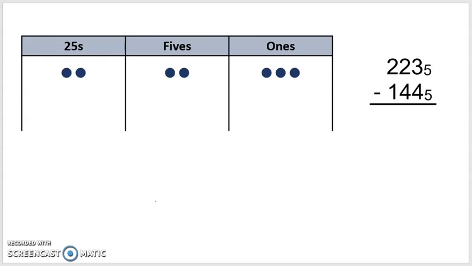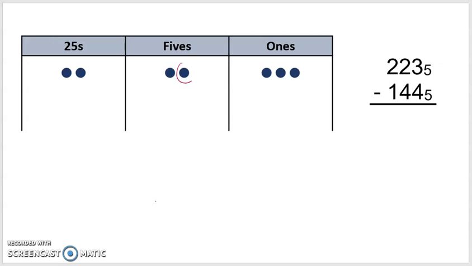And like the chip abacus model in base 10, subtraction is a takeaway operation. So what we're going to do is take away 144 in base 5 from what we have in these chips. To start out, we have to take 4 ones away from the 3 ones, and again, you can't do that. So we're going to have to do a trade.